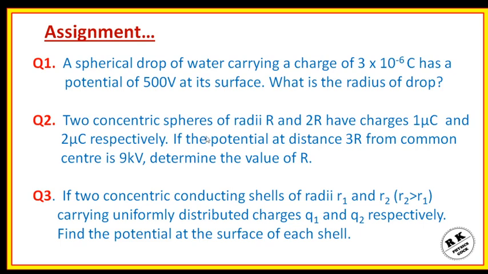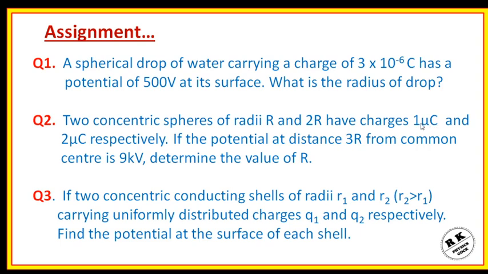Next one: two concentric spheres of radii capital R and 2R have charges 1 microcoulomb and 2 microcoulomb respectively. That means there are two spheres having the same center with radii R and 2R.